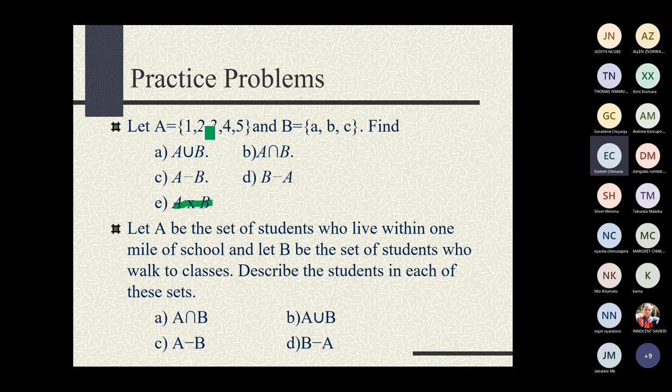And also there's this question which says let A be the set of students who live within 1 mile of school, and let B be the set of students who walk to classes. Describe the students in each of these sets: A intersecting B, A union B. You are given a set and you are being asked to describe it.